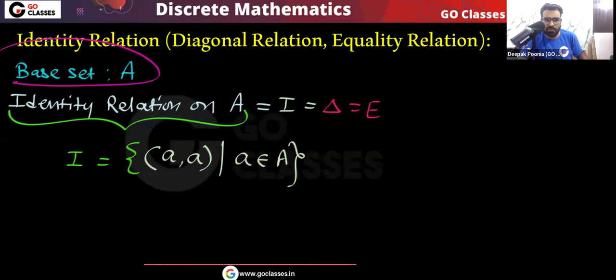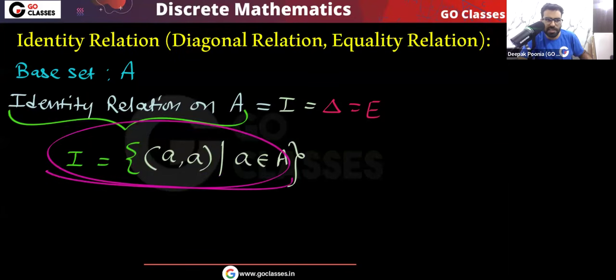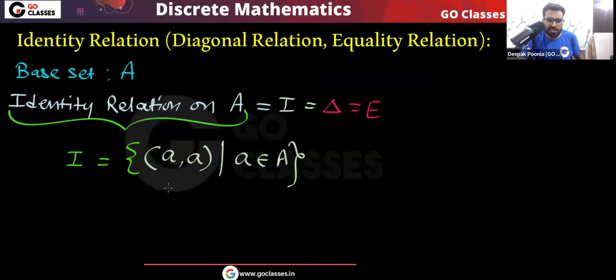For every element a of the base set A, the ordered pair (a, a) will belong to the identity relation, and nothing else will belong to it. So I can say that the identity relation is the smallest reflexive relation on base set A.